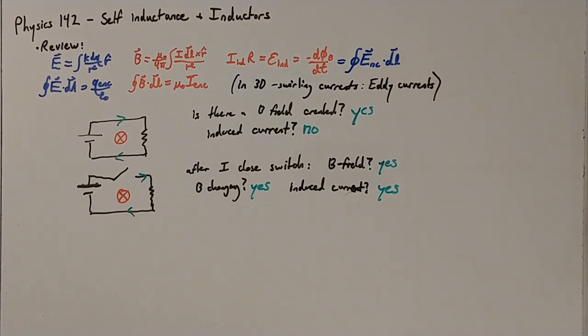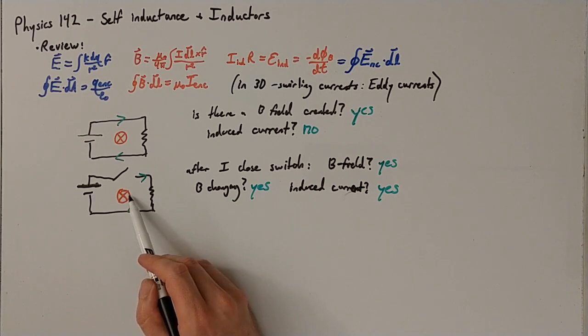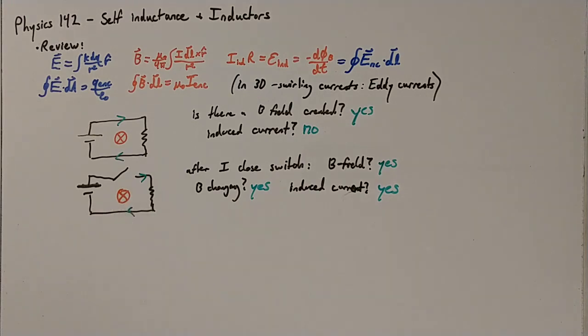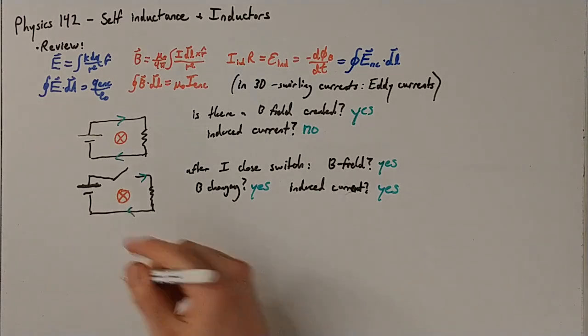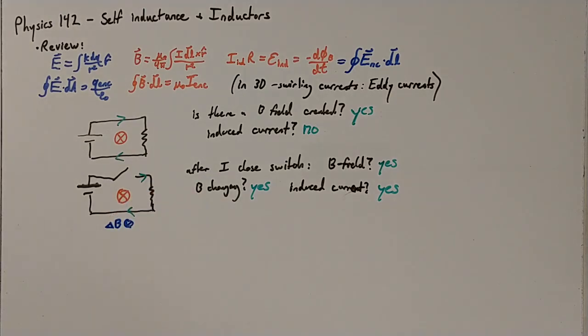And what direction is that induced current? Well, remember that the induced current always opposes the change. So we have an increasing magnetic field here, increasing into the page. So if the change, delta B, is into the page, that means my induced field must be out of the page.